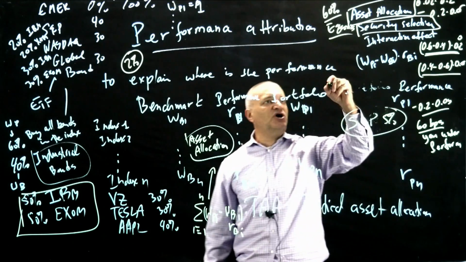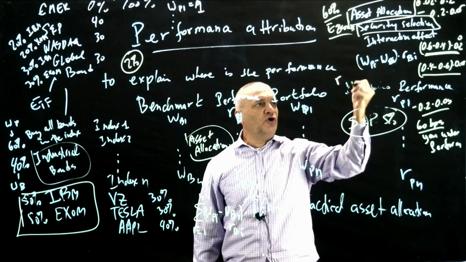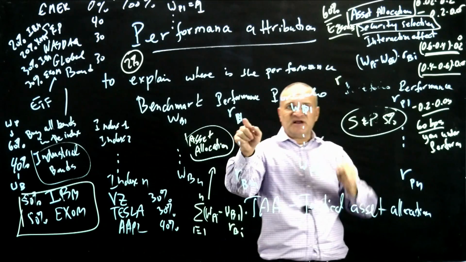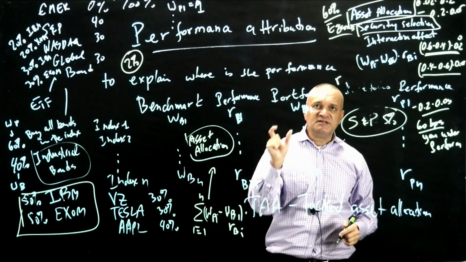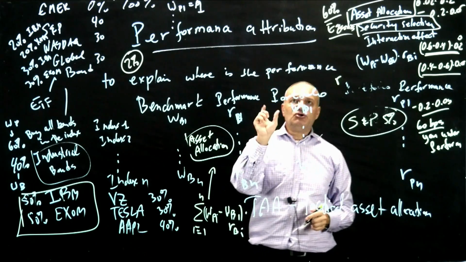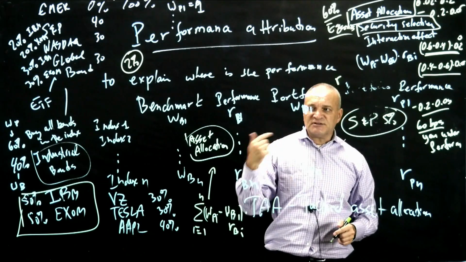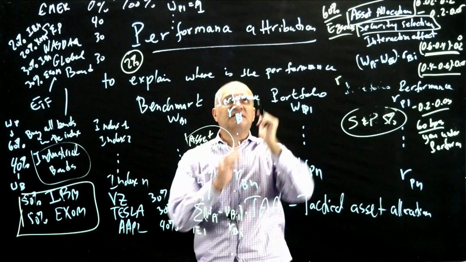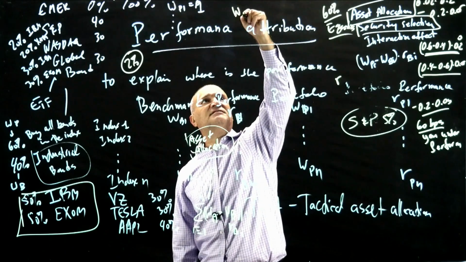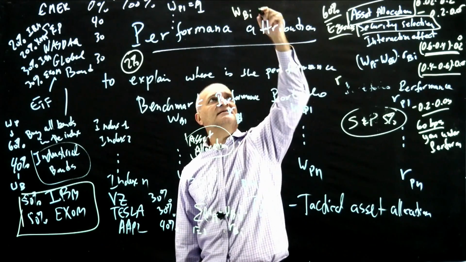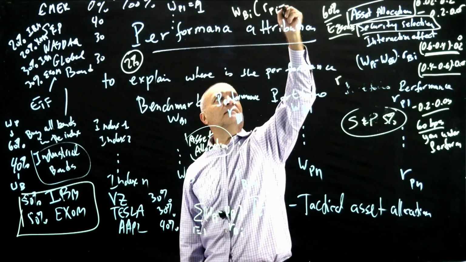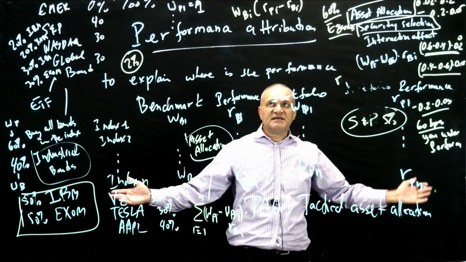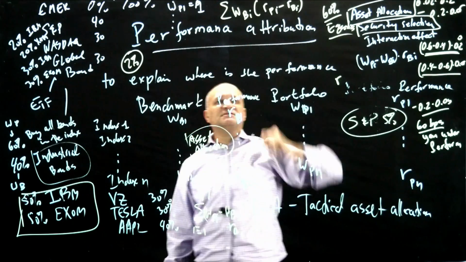So let's say your return for your portfolio for this corresponding sector was different from the benchmark. This is going to capture your security selection. The security selection for i is W benchmark weight times the portfolio return minus the benchmark return. And if you want to look at the entire picture, you will of course sum it.